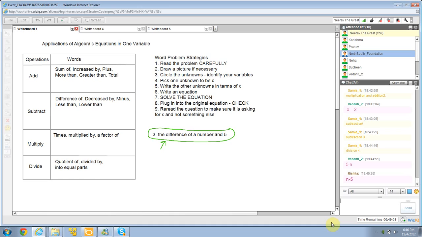We got the 3 times the number, so that's 3x. We used x this time. Decreased by 4. When we say decrease by, we're subtracting 4. So if I have 5 apples and I decrease this by 4, I'm taking 4 out. So 5 minus 4.